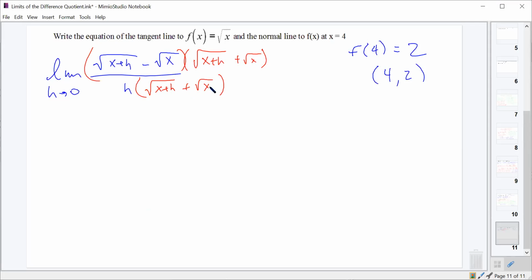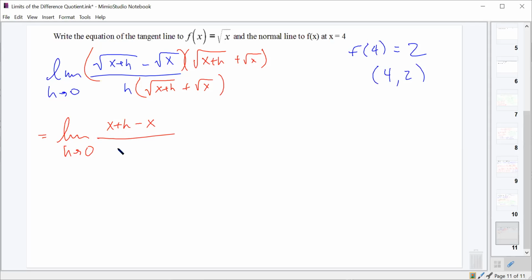All right. So what good does that do us? Let's find out. Root x plus h times root x plus h, as we distribute all this out, becomes what? Just x plus h, right? And root x plus h times root x should cancel with root x plus h times negative root x, leaving us with just negative root x times root x, which would be negative x.